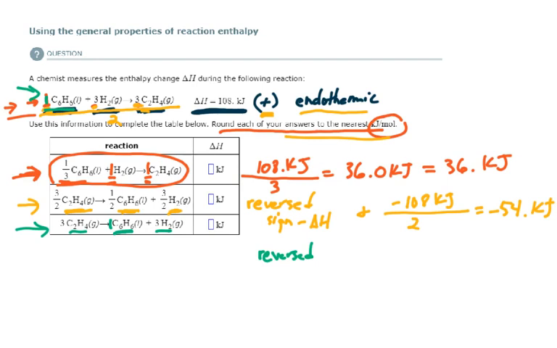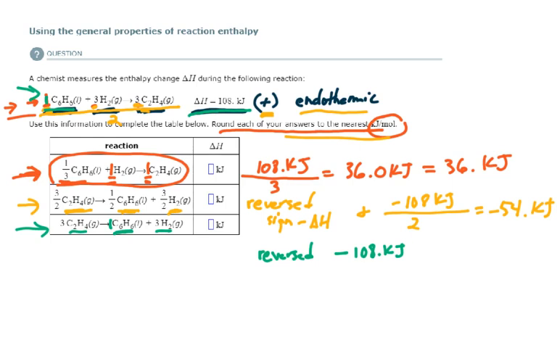And so because I have reversed the reaction, I'm going to also reverse the sign of the enthalpy change. So the enthalpy change will not be 108 kilojoules, but now it'll be negative 108 kilojoules, which means that this is an exothermic process as written.